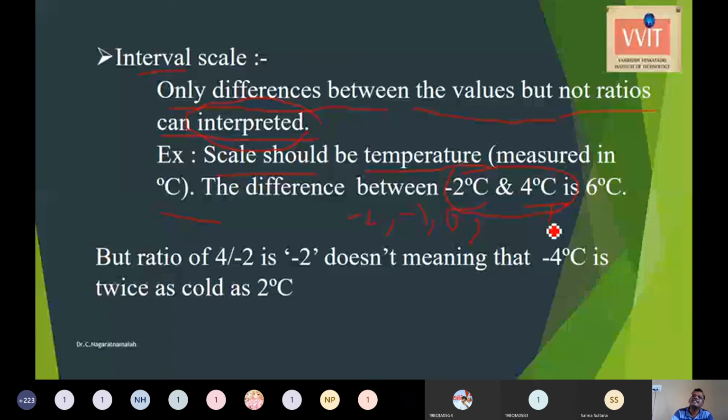That means the difference is easily measured in the interval scale from -2 to 4. Taking the closed interval -2 to 4, the difference is equal to 6. You can easily measure that. But coming to ratios, we need to find out the ratio -2/4.